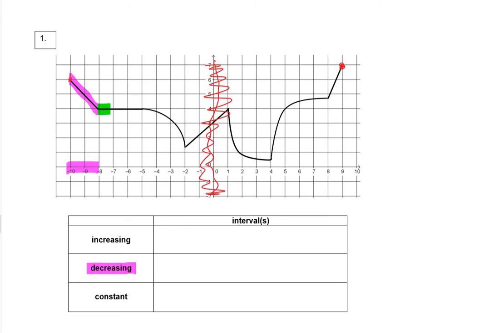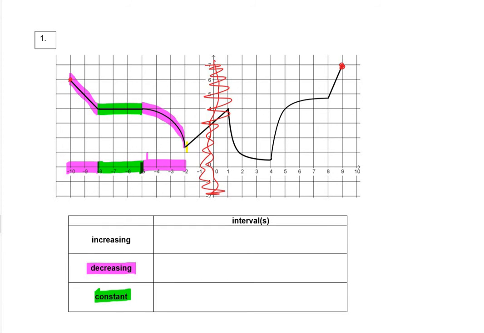The next part of the graph I can see does not go up or down, so that's constant. So I'm going to highlight that green. This next part of the graph is going down, so I'm going to highlight that pink. And I'm going to highlight this section down here pink as well.